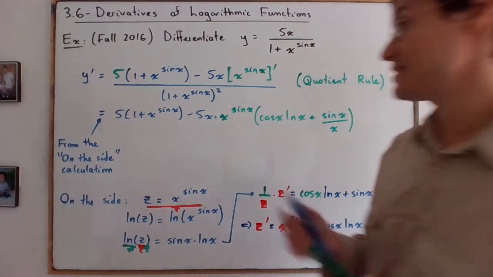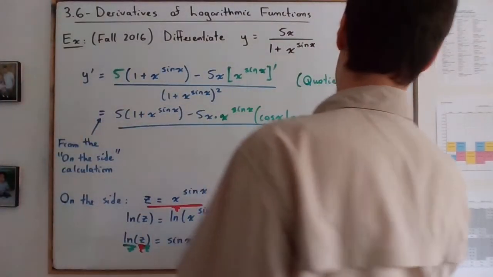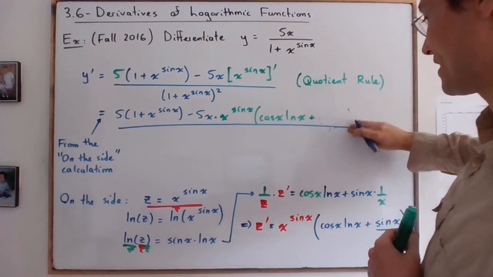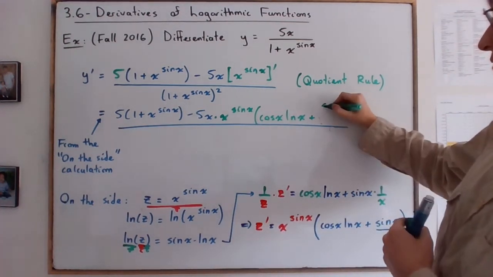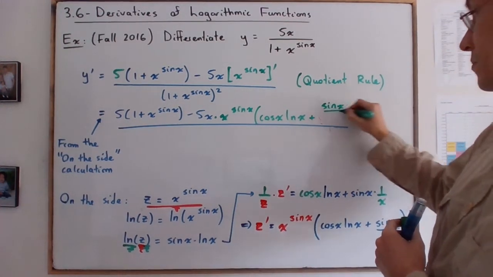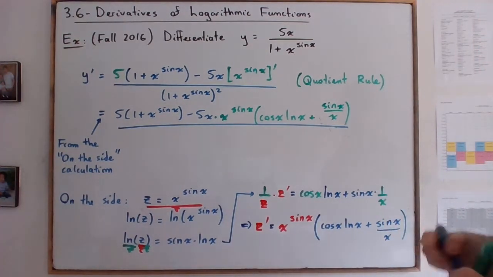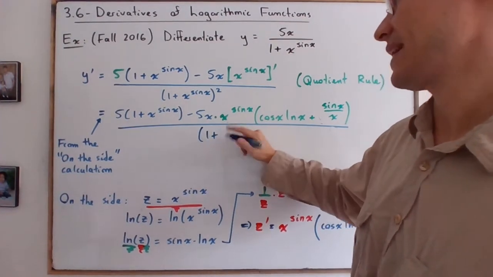Obviously, dividing this by the 1 plus, so I'm actually going to send this back on top now that I see that I'm cutting it down. So there you go. Here you have your sine of x over x, close bracket, and then multiplied by 1 plus x to the sine of x, all of it squared.